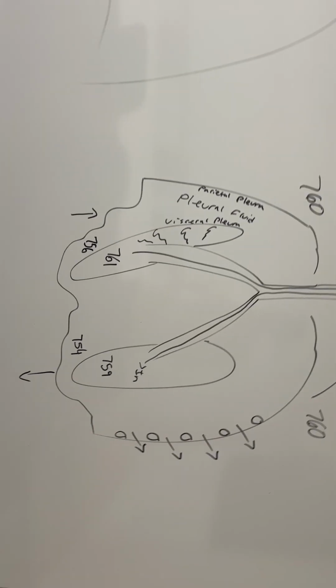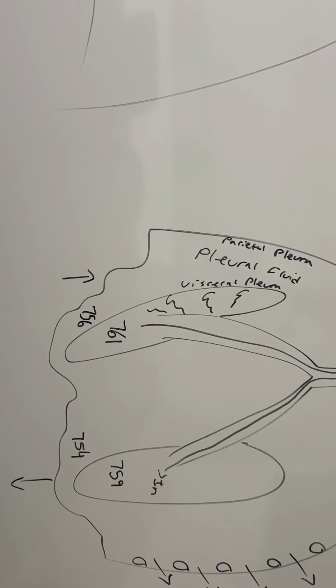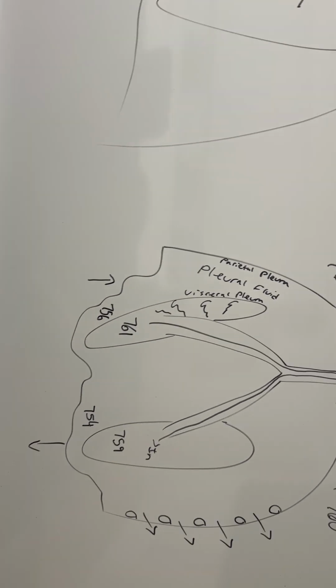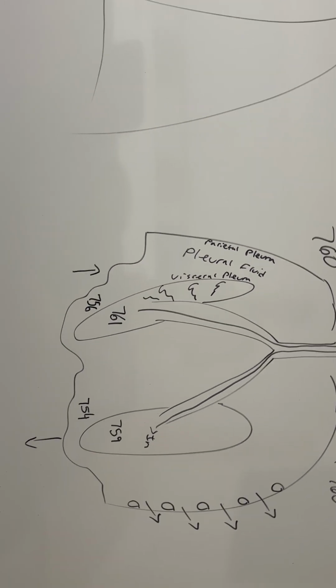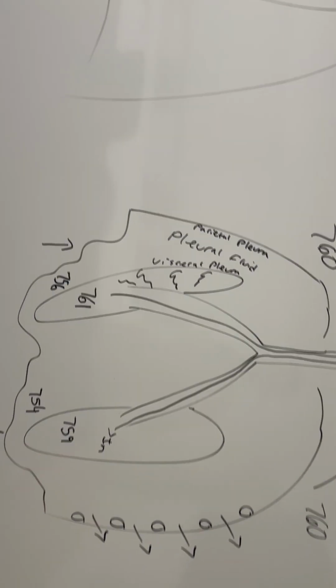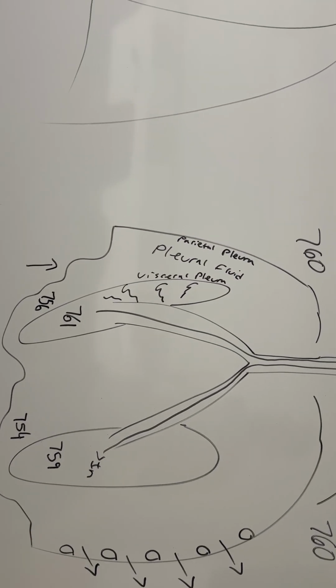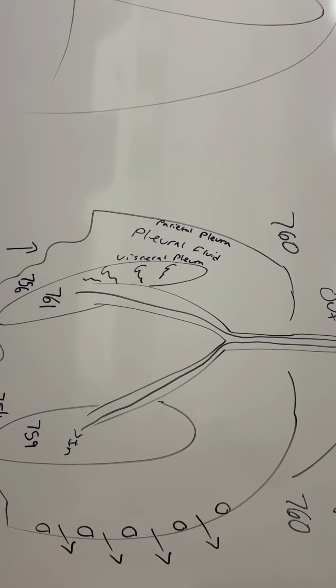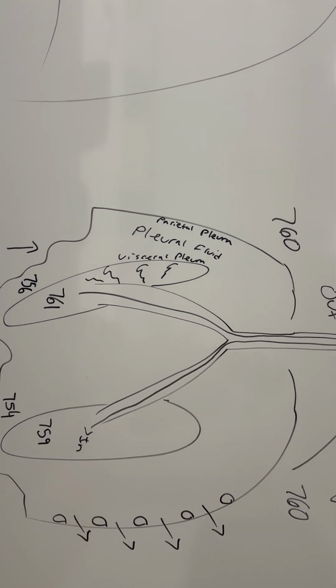And then when we expire, the diaphragm moves up, decreases volume, and then our lungs have a naturally elastic property. They have this protein called elastin, and the lungs are a naturally elastic tissue, right? So they want to assume the smallest size possible.